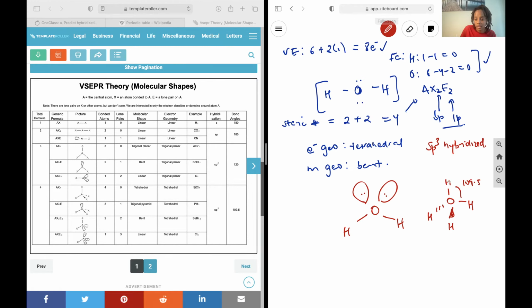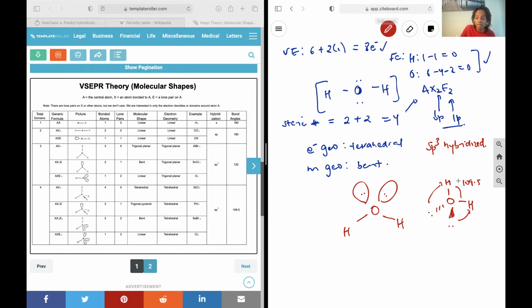But because these two are now going to be lone pairs of electrons, they are going to cause an extra push compared to the electrons in the bonding pairs. And so the repulsion forces aren't going to be as balanced out, and that's going to cause these angles to be bigger than they were supposed to be.